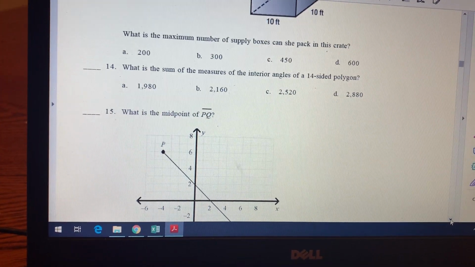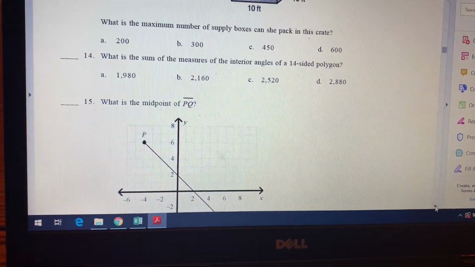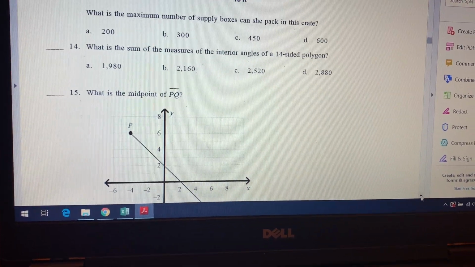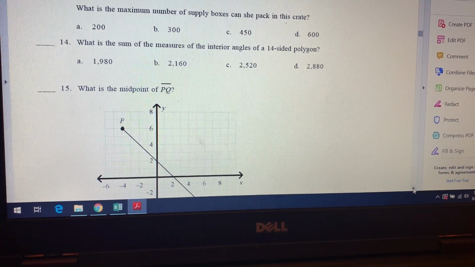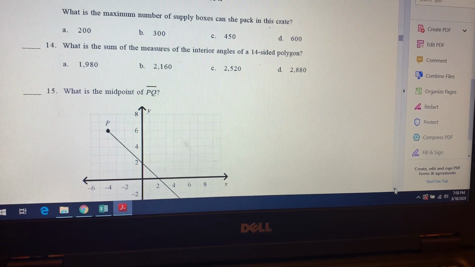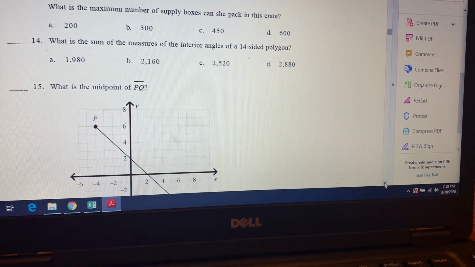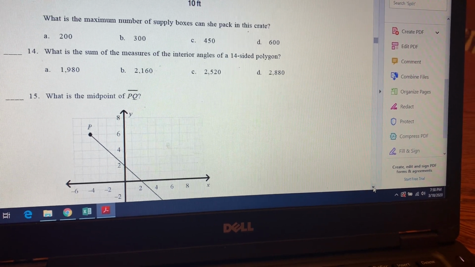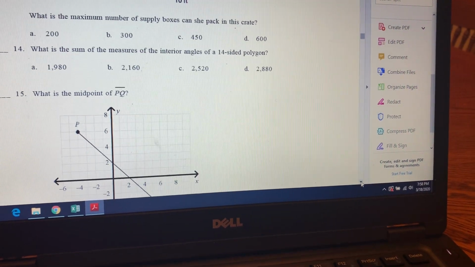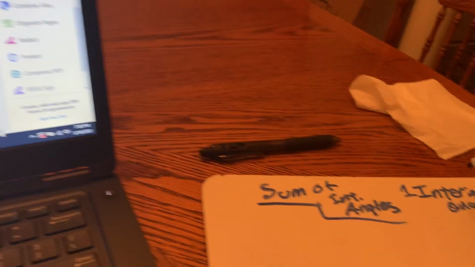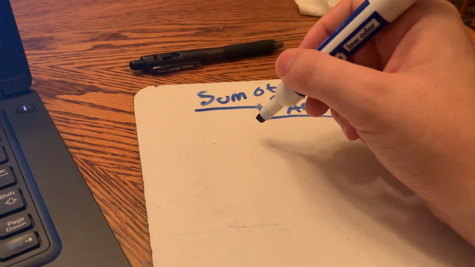So the sum of the interior measures of a 14-sided polygon, okay? So I'm about to write two formulas that are not on your formula sheet, okay? Let me write these real quick. All right, so we've got the sum of interior angles, okay?